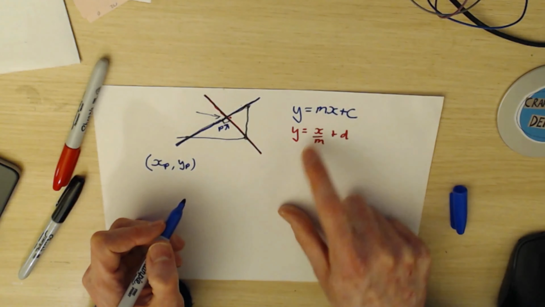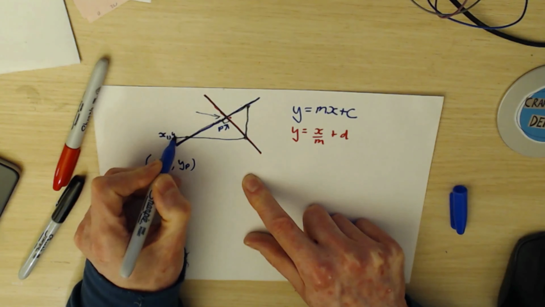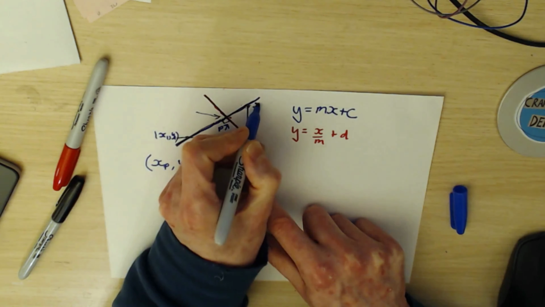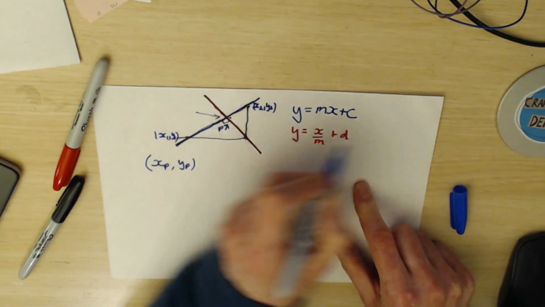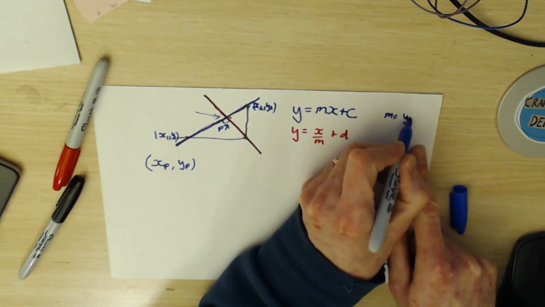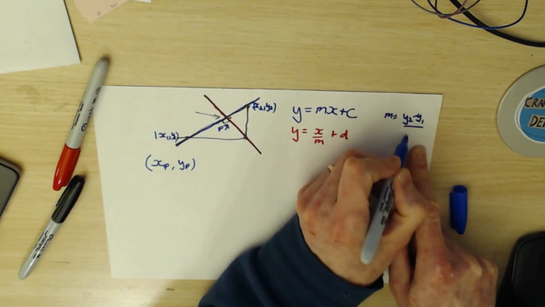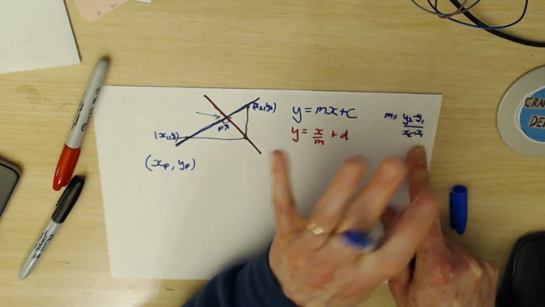M I know, because I know this point, x1, y1, x2, y2. So m is equal to y2 minus y1 divided by x2 minus x1. So we can save that.